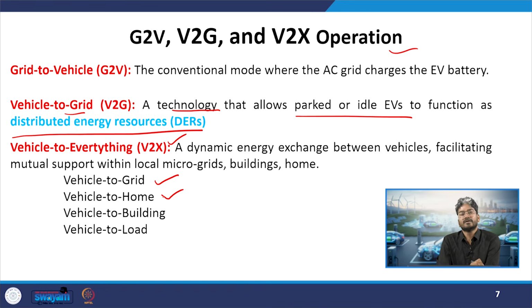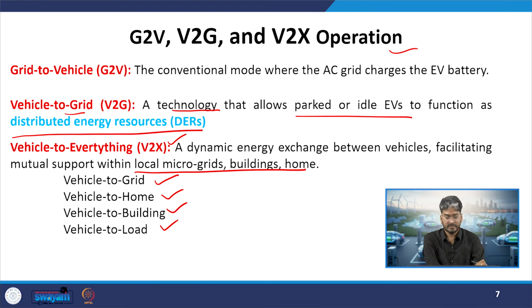Maybe we can use our electric vehicle to supply the domestic loads which are connected during the peak load of our grid, so that we are not relying on the grid to supply the power whenever it is having a deficit in energy or going to the peak loading condition. Then vehicle to building, vehicle to load, those things.